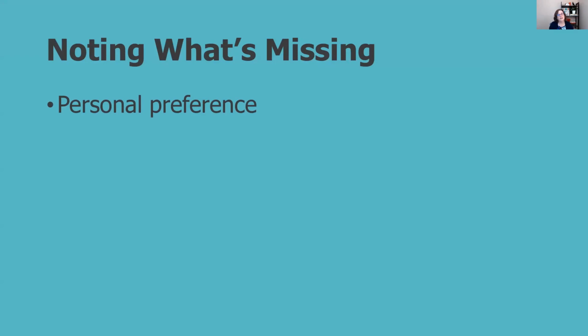Now, how do we do this? How do we note what is missing? Well, honestly, it comes down to personal preference. Thinking about how you organize information yourself. Now, how I organize things might be different than how you organize things. Do you like things in tables, or are you more comfortable with having things written out in paragraph form?